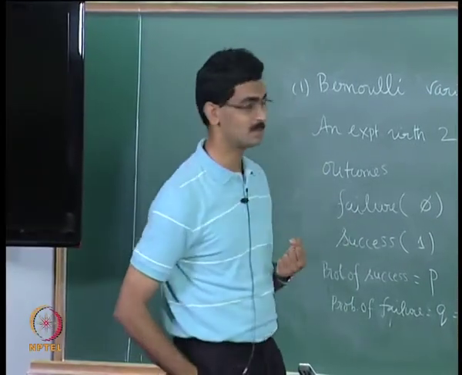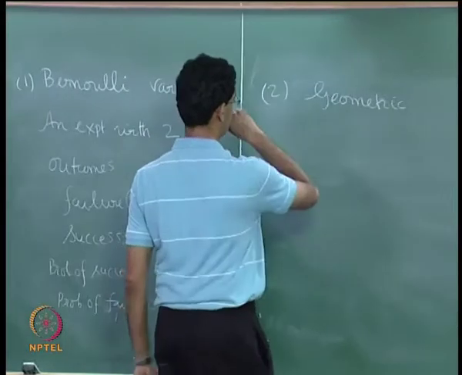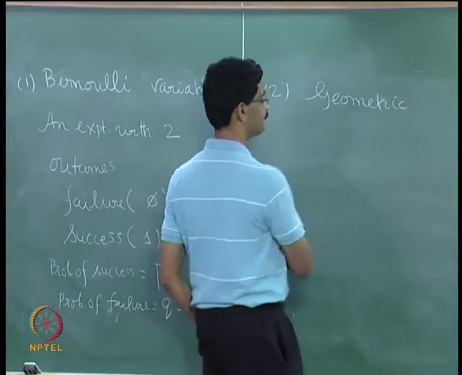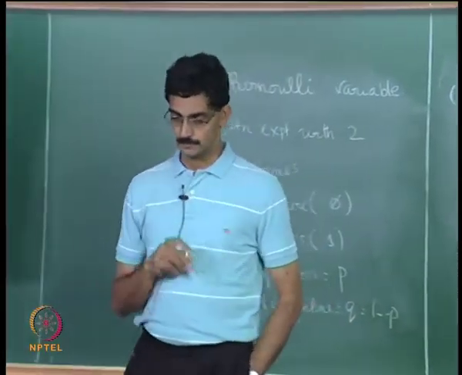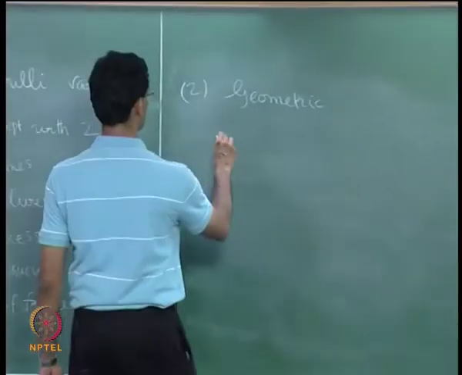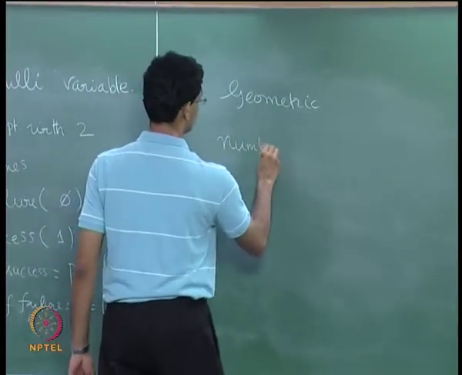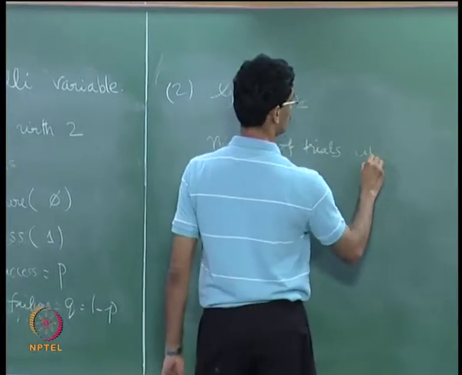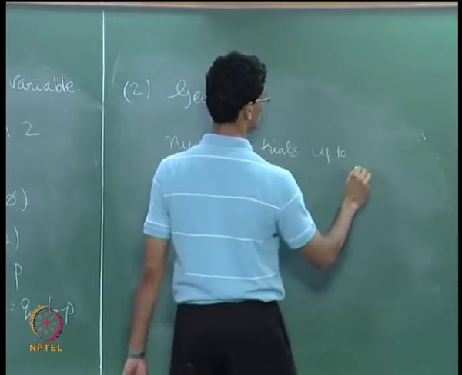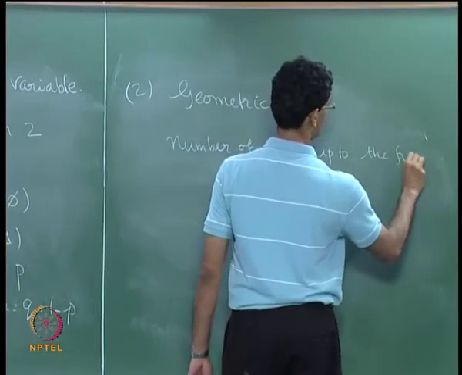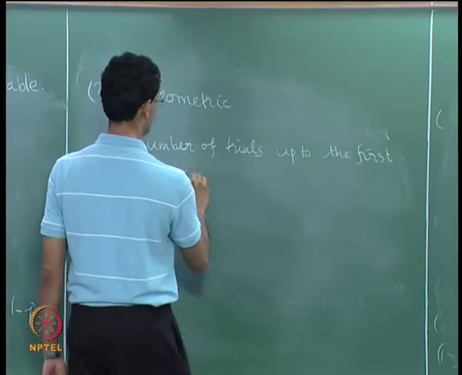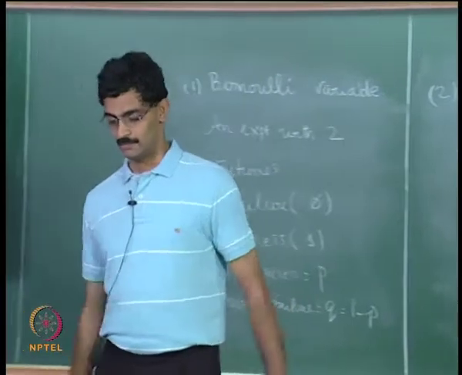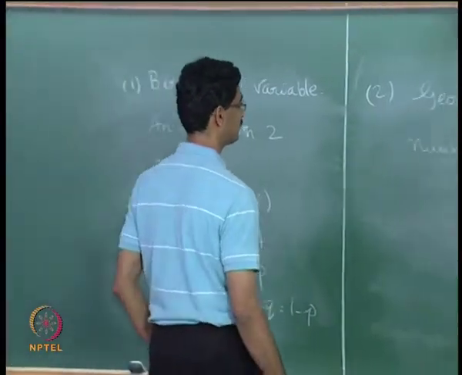So that is what you would like to represent with the geometric variable. This represents the number of trials until the first success, where by trial we mean Bernoulli trials. Your Bernoulli experiment is what we try to do here.